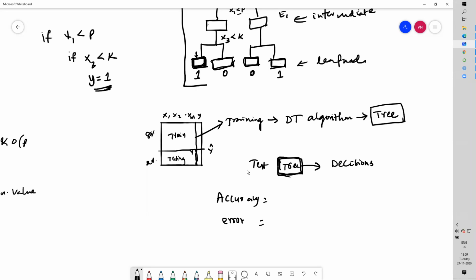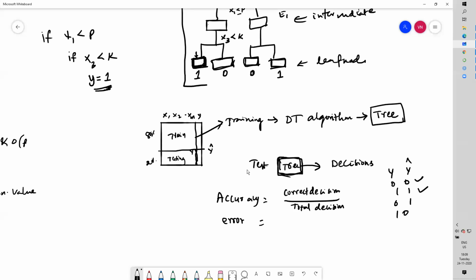So what is accuracy? Number of correct decisions that we have made divided by total number of decisions. So for example, if you have y and y hat like this, 0, 0, 1, 1, 0, 1, 1, 0.